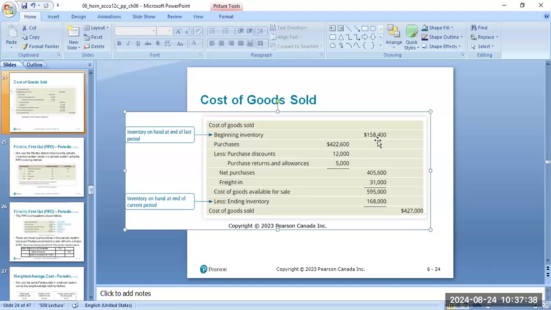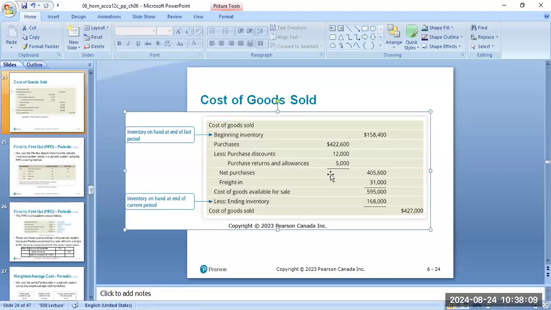Then we're going to see the purchases. We're going to add the purchases. We're going to deduct the purchase discounts. We're going to deduct the purchase return allowances. And we're going to come up with the net purchases. Once we have the net purchases, we're going to add the freight in.